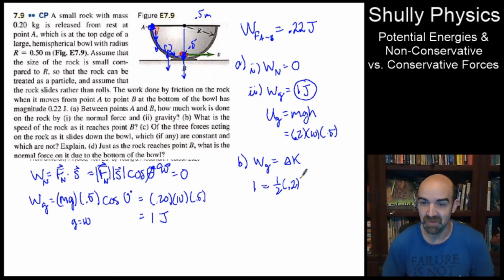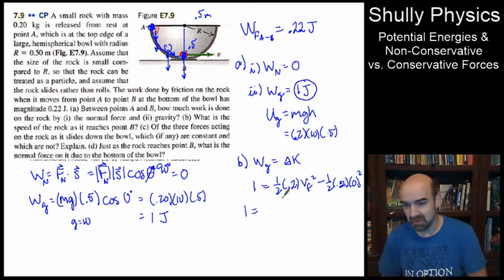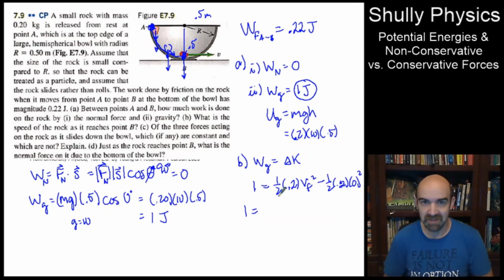All right, so we have 1/2 m final velocity squared minus 1/2 m times the initial velocity, which is 0. We're dropping the rock from rest at the top. So, real easy step: whenever you're asked about velocity after you have the work done, think of kinetic energy. Work equals change of kinetic energy, also equal to a lot of other stuff there.